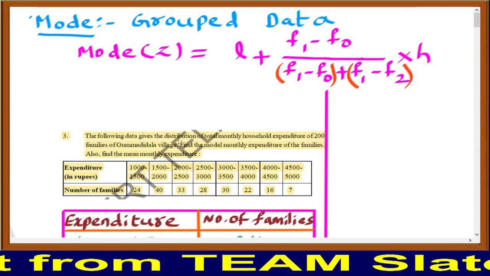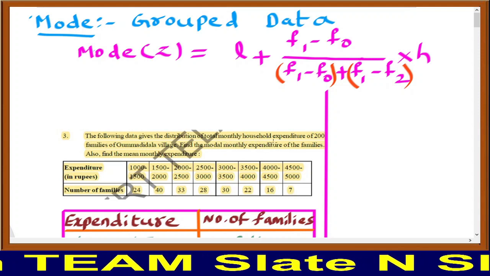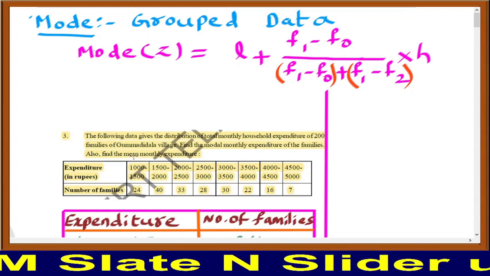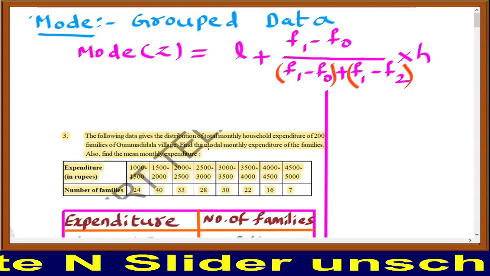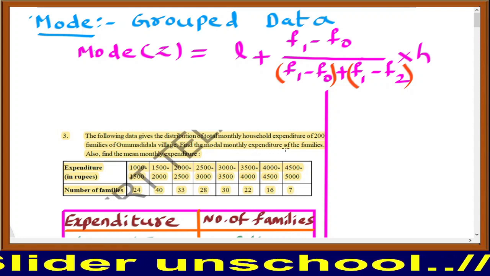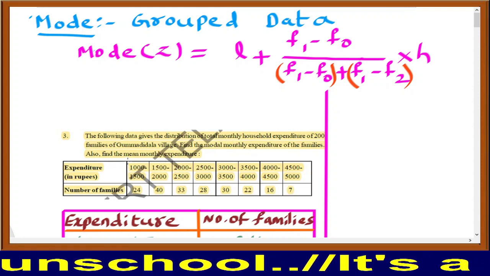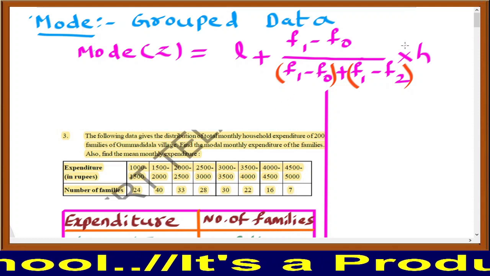The following data gives the distribution of total monthly household expenditure of 200 families of Gummadidala village. Find the modal monthly expenditure of the families and also find the mean monthly expenditure.